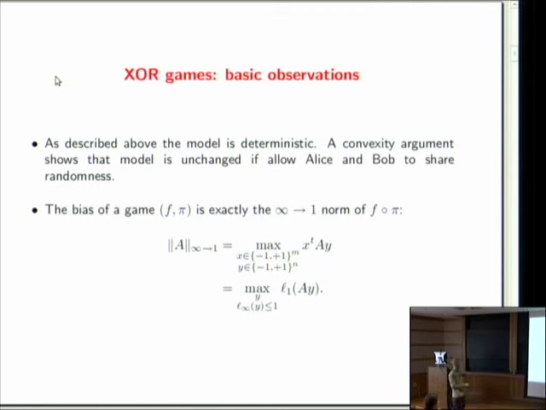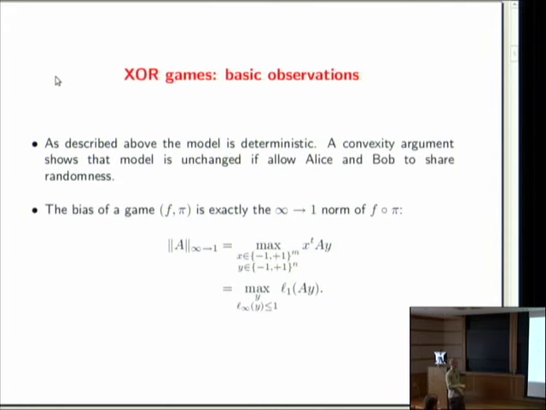Now the reason why this is called the infinity to 1 norm is that, say I take the maximum over y here, it doesn't change if I just take the maximum over strings where every position has magnitude at most 1 instead of just signs.